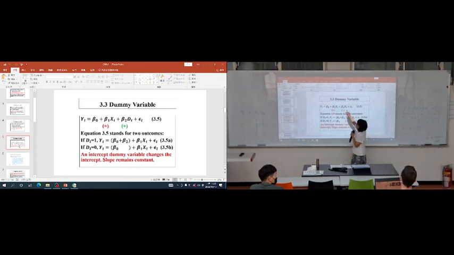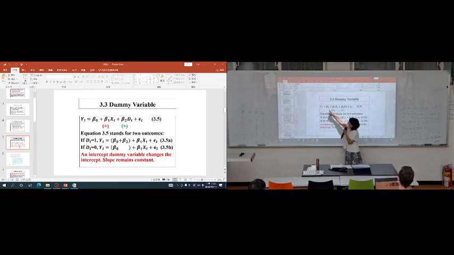Although all x and d are called x variables, or independent variables, I identify d and x separately to express vividly that x here is a numerical variable, and d is a dummy variable.